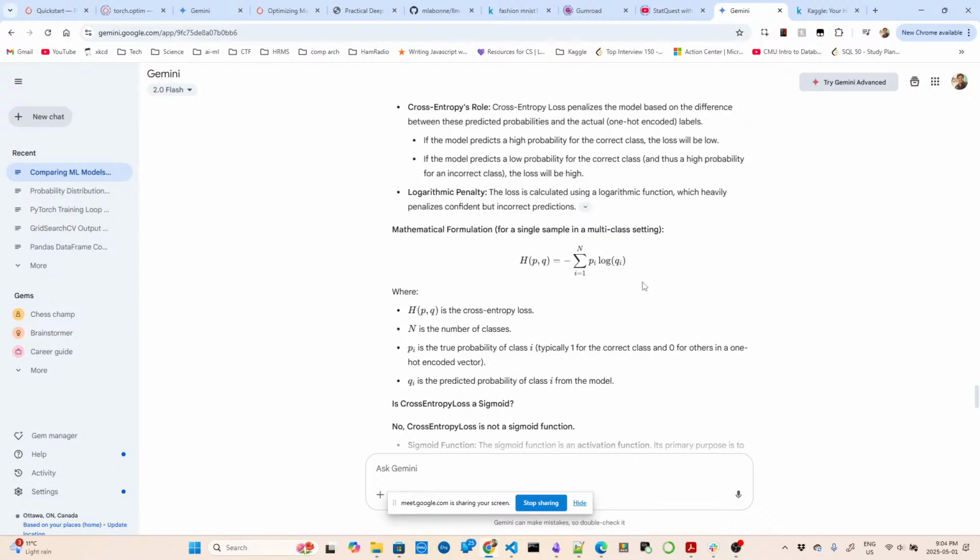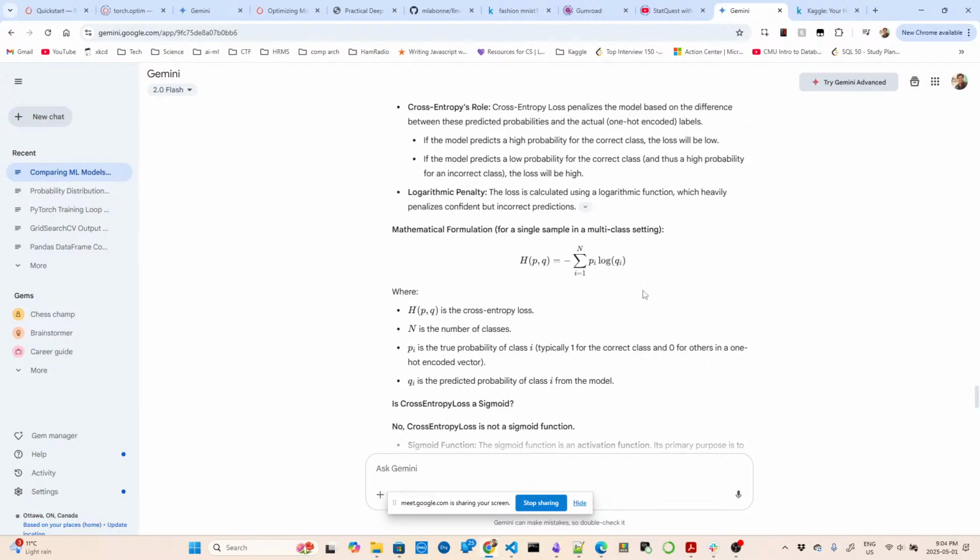Yeah, I'm just trying to understand like what will this number look like? Correct. It will be close to 0 because we, so it will not penalize it much if the prediction is correct.